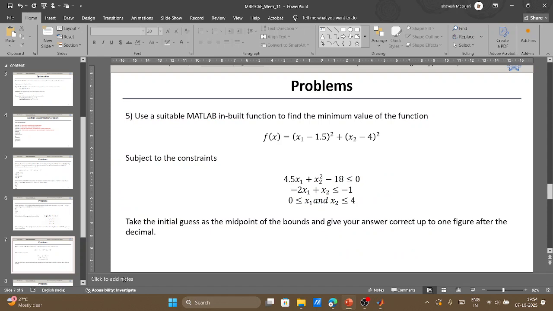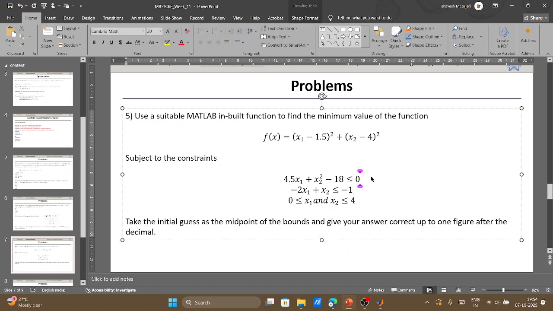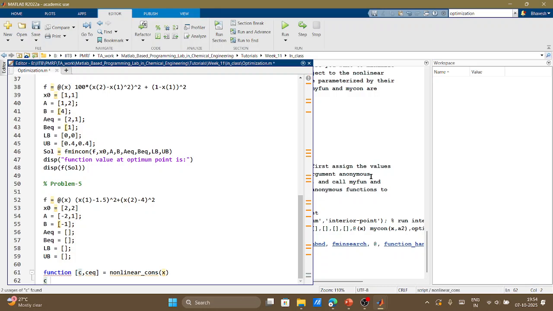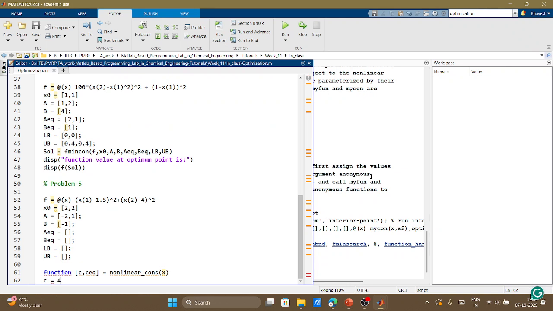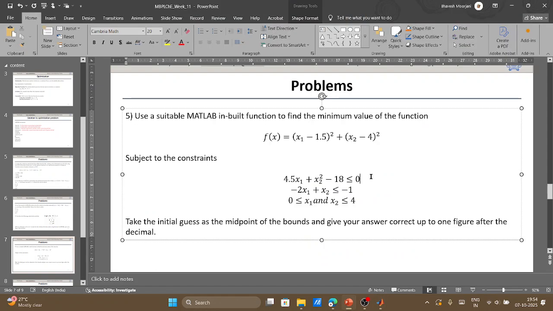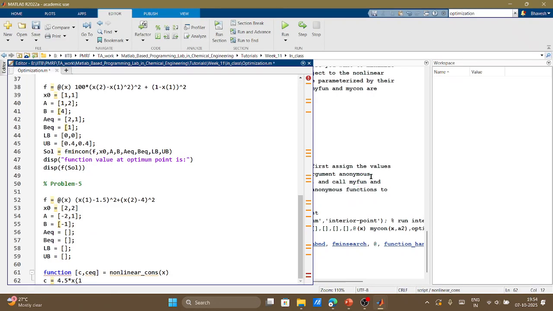Here I have a non-linear inequality constraint, so my C is equal to 4 times x1 plus x2 square minus 11.